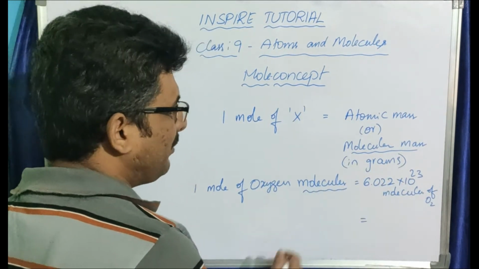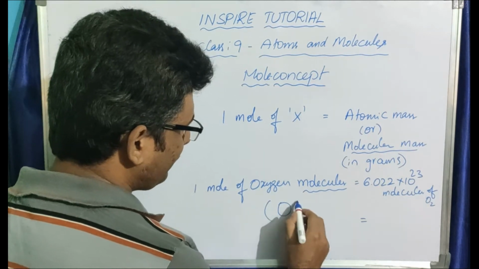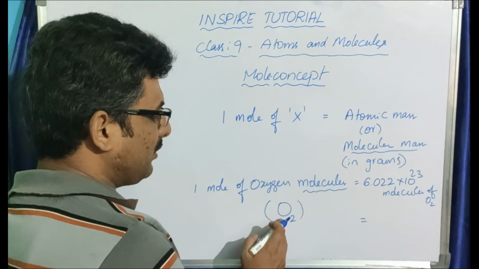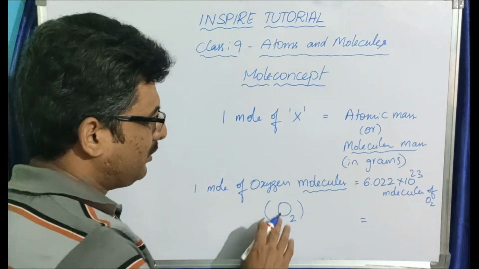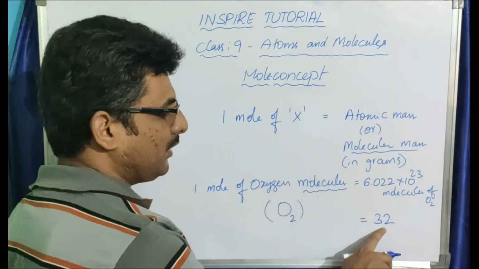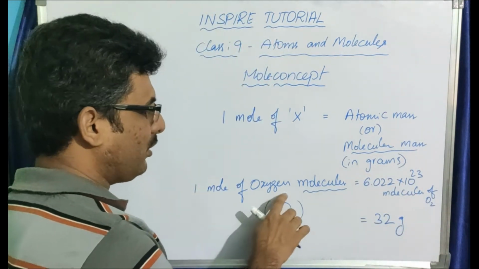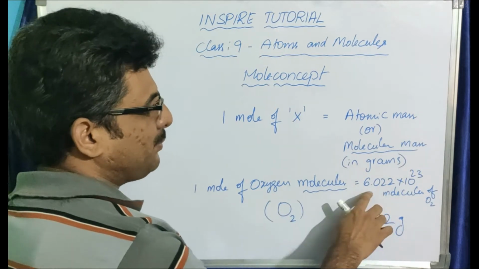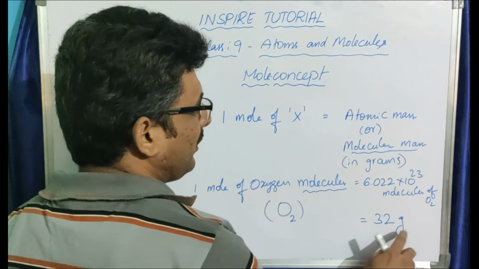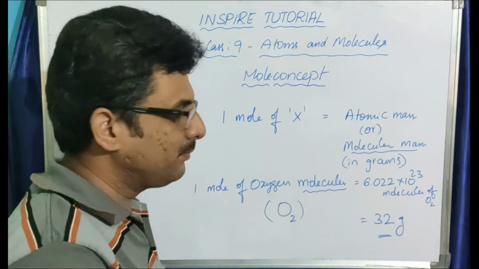And what is the molecular mass of oxygen? We know that oxygen molecule is O2 and the mass of each oxygen is 16 units. So the molecular mass of oxygen will be 32 and you have to take this in grams. So if you take 1 mole of oxygen molecules, that means 6.022 into 10 power 23 molecules of oxygen, then the weight of these many particles will be 32 grams.